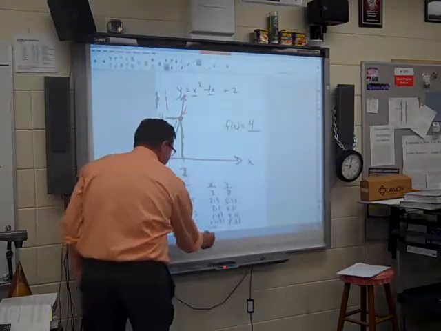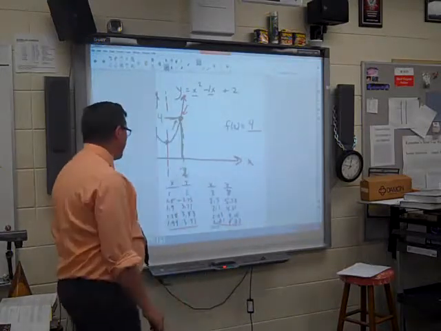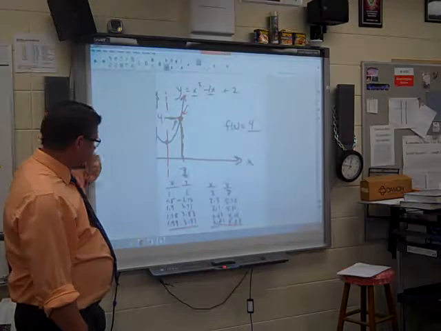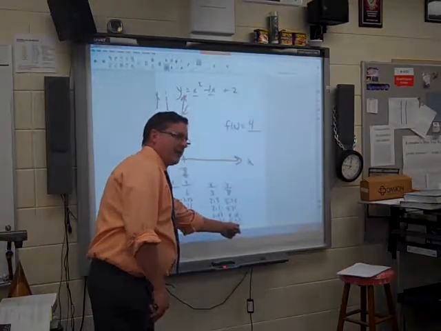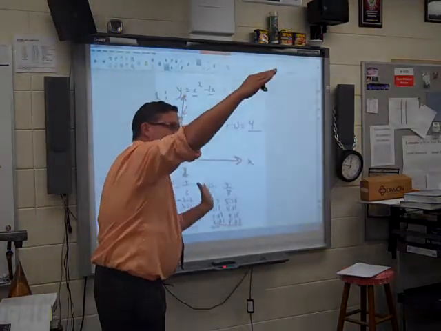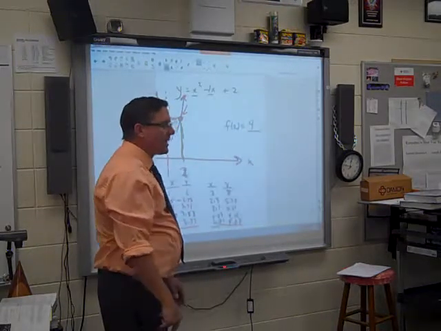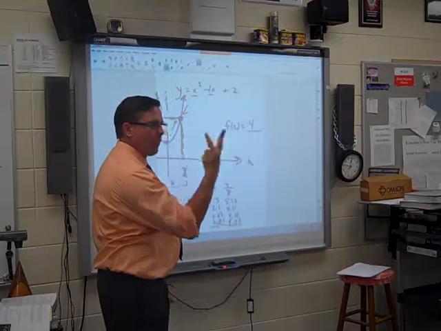Well, here's what I'd like you to see. Do you guys agree that those are both 100th away from 2? And what's the difference in the y value? 300ths, you guys see it? And as we're coming in from both directions, we are closing in on the value of 4 this time.